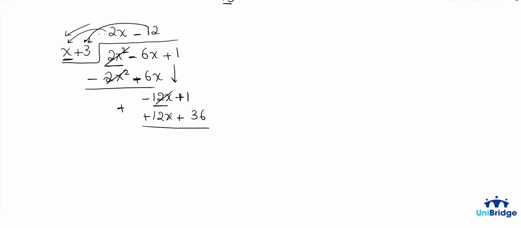So here these cancel out, and you'll end up with 37, which is not divisible by x plus 3. So you stop here and say that your answer is going to be 2x minus 12. And then you have 37 remaining, which is going to be divided by what you're dividing by, which is x plus 3. And this is going to be your final answer.